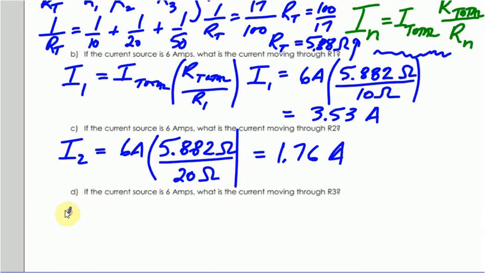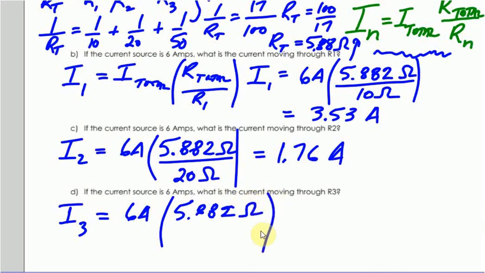If we look at the last one, what's the current going through that third resistor? That's going to be 6 amps times the total resistance, in ohms, divided by that resistor value, which was 50 ohms. And let's see what this works out to.